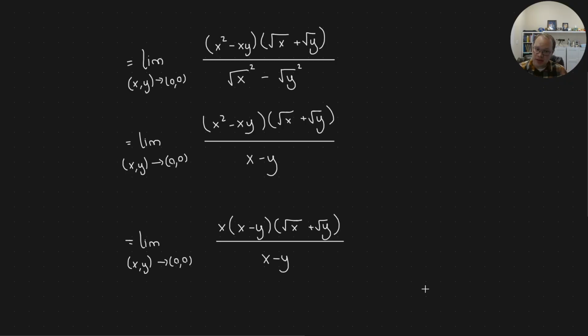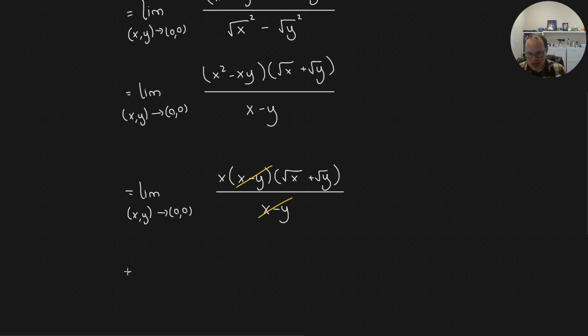Now this is looking promising because now I can cancel these out. For any x, y that's close to 0, 0, the x minus y terms will cancel. And that was the problem. This term down here was giving me my 0 in the denominator. Now I don't even have a denominator. It's gone.